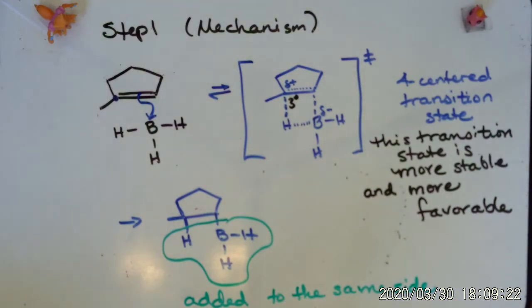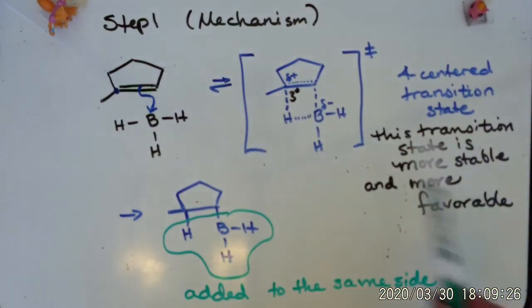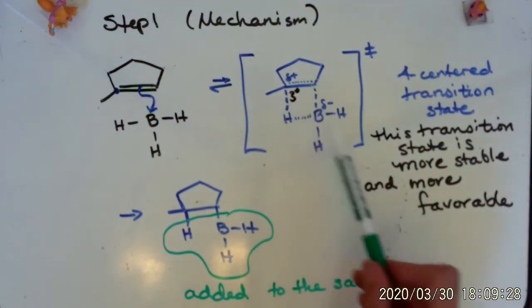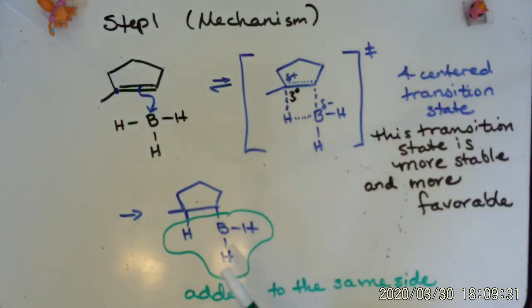So, when we look at our transition states and the stability, that's how we know what the orientation, the regiochemistry, is going to be. And notice that when we add it, because of the formation of the four-center transition state, we have to add on the same side. We get our stereospecificity. Okay.